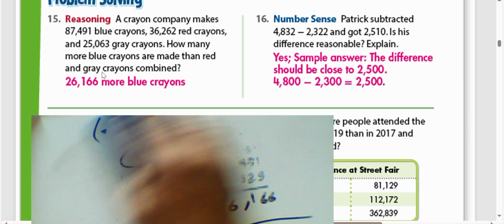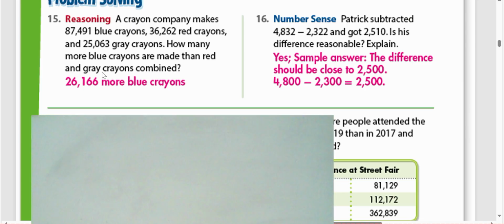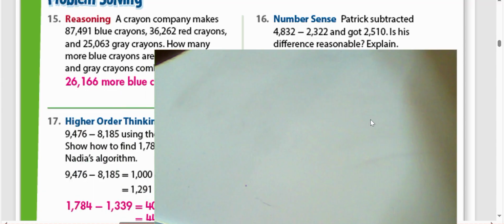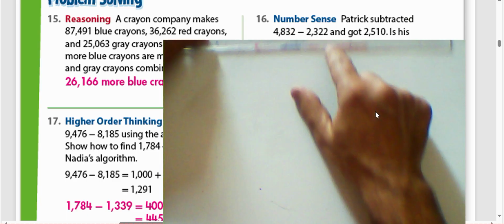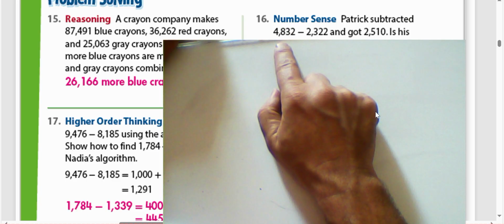Okay, next question. Number 16. Patrick subtracted 4,832 minus 2,322 and got 250. Is his difference reasonable? Yes, we can approximate the two numbers here. First number, we approximate to the nearest hundred place. The hundreds place here is 8, and 3 gives 1.